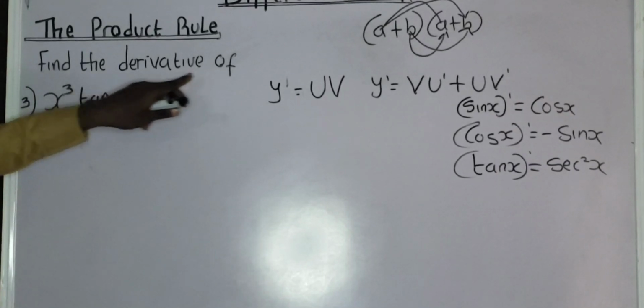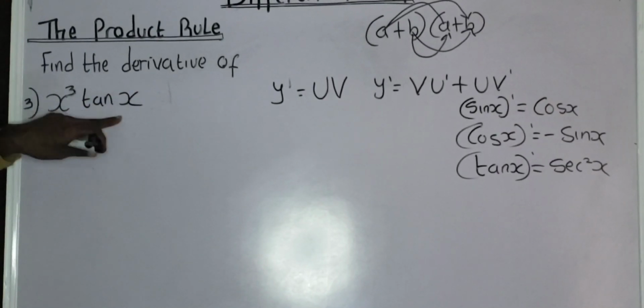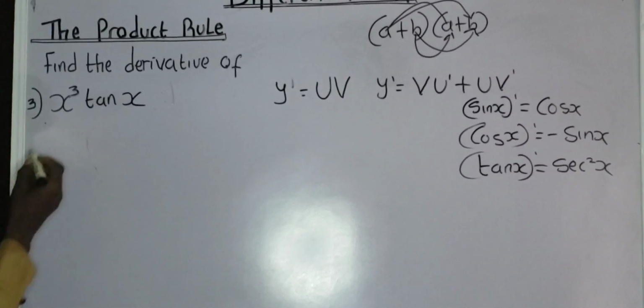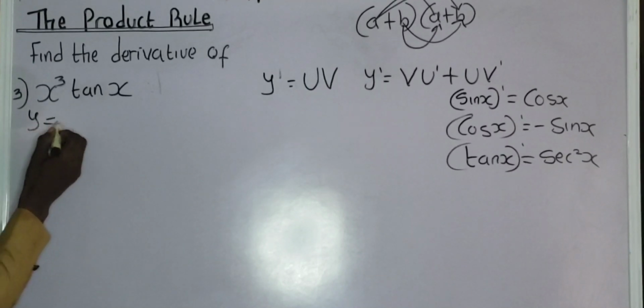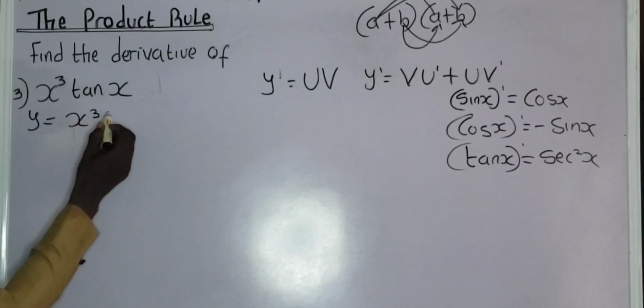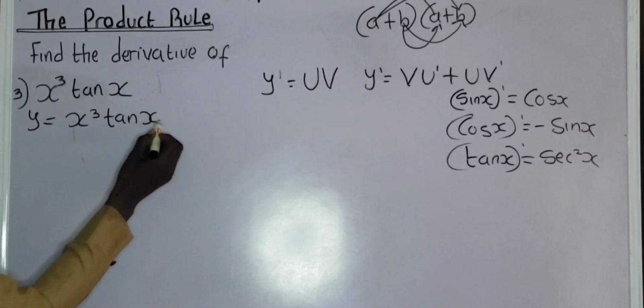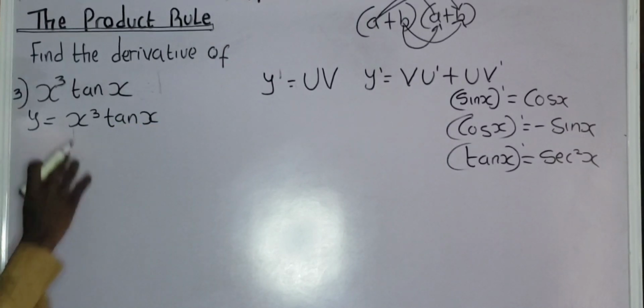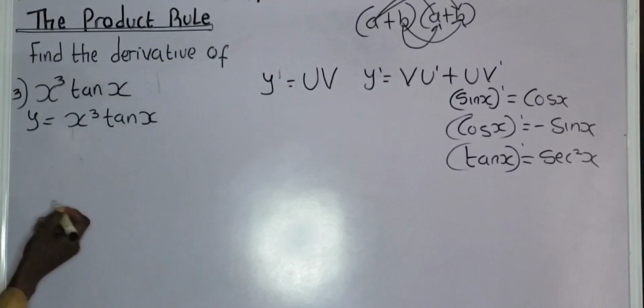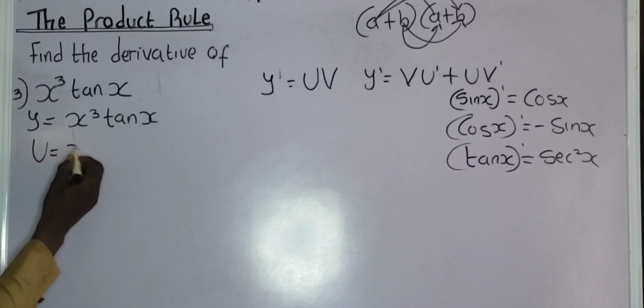Find the derivative of x raised to the power of 3 tan x. Now let y is equals to x raised to the power of 3 tan x. Do you understand? Now, if you compare this function with this function, you can see that u is the first part of this function.